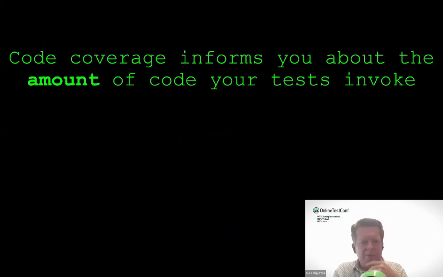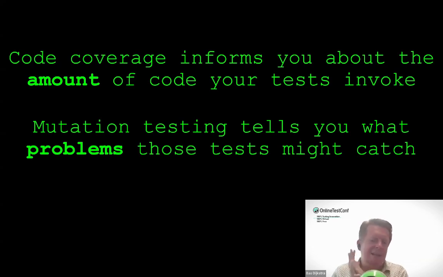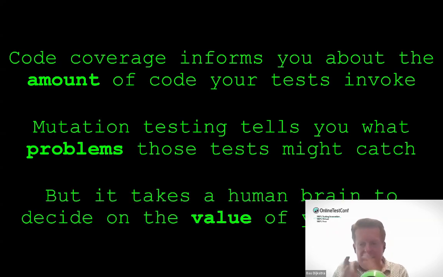To wrap up, one final thing to remember: I think code coverage really only tells you something about the amount of code that your tests invoke. Mutation testing is great in helping you find more information about the kinds of problems that your tests might catch. But in the end, we need humans. We need human brains to decide, well, all those tests that we run, those tests that we add, those tests that the mutation testing tool tells us we should add.